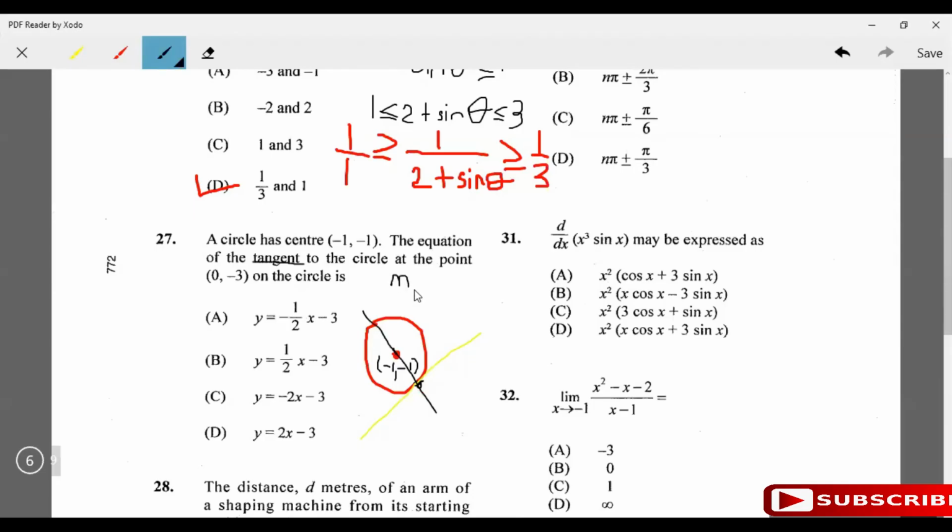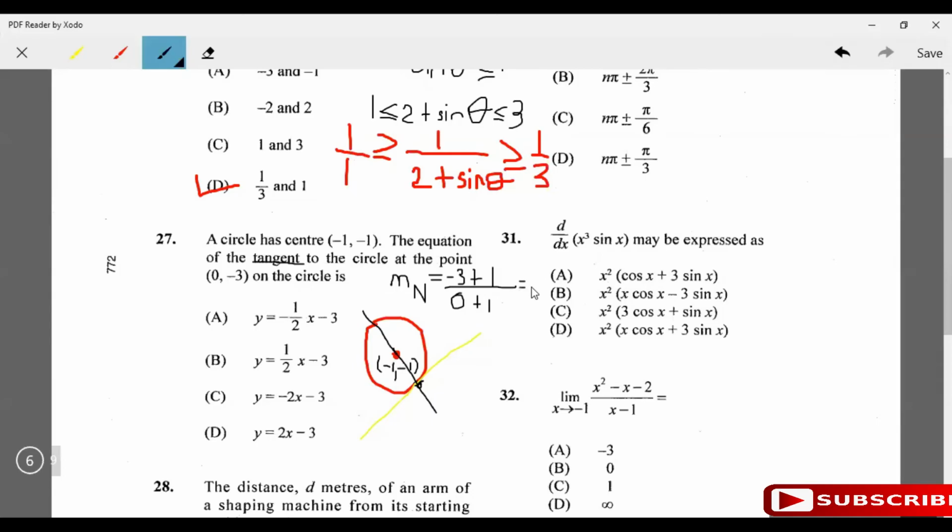The gradient of the normal is equal to y2 minus y1 over x2 minus x1. So y2 is -3 minus -1, that becomes +1 over x2, which is 0, minus x1, which is -1, which becomes +1.